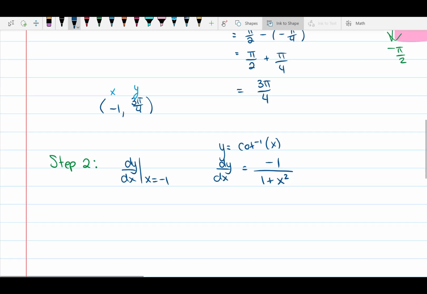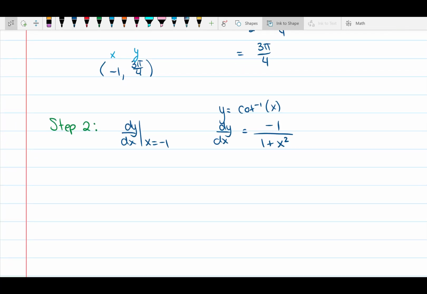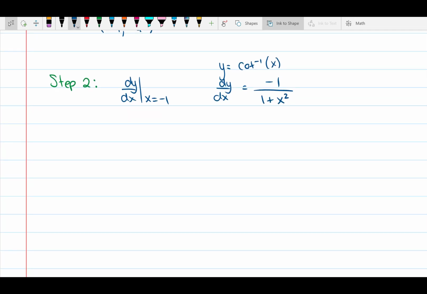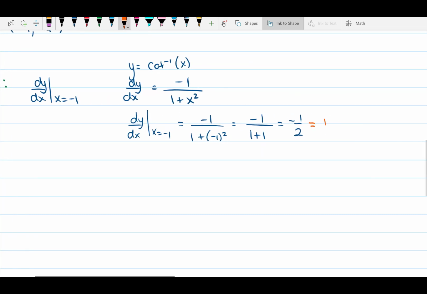If you forgot that, you need to refer back to our derivatives of inverse trig functions. Then dy dx at the point x equals -1 is equal to -1 divided by 1 plus (-1) squared. So you get -1 over 1 plus 1, which is -1/2. Keep in mind, this is m, the slope at x equals -1.